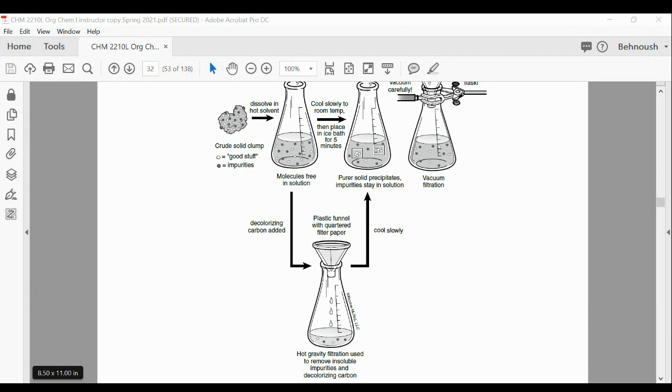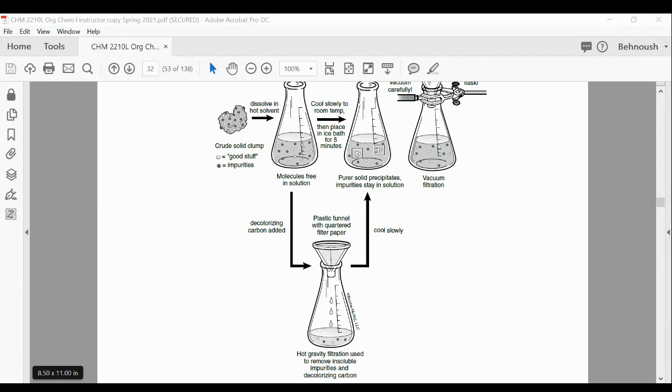A third problem is that when it gets sudden precipitation, there's no time for beautiful, nice, large size crystals. So you get powder. And filtration is going to be hard because small size crystals are going to block the opening of the filter paper, and then filtration is going to be slower.